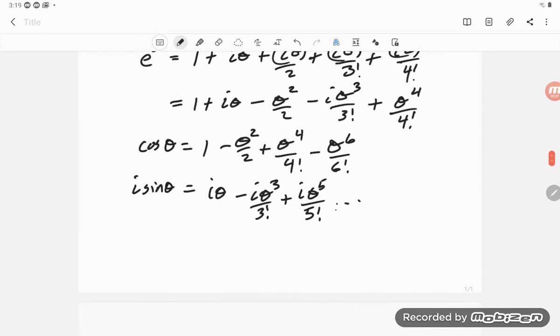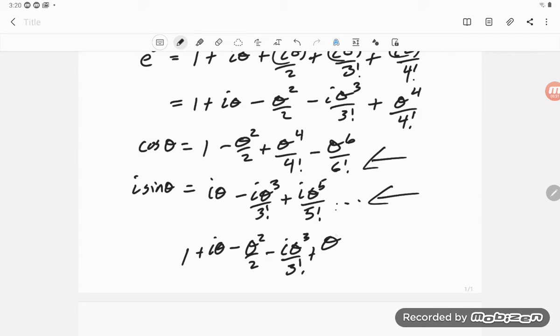Now notice that when I take the cosine and sine terms and add them together, I get 1 plus i theta minus theta squared over 2 minus i theta cubed over 3 factorial plus theta to the 4th over 4 factorial, and it'll keep going on. They're the same.